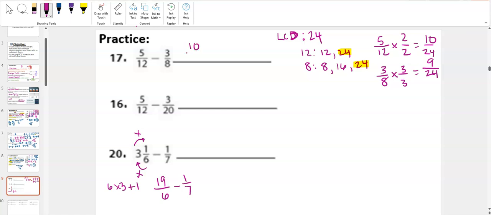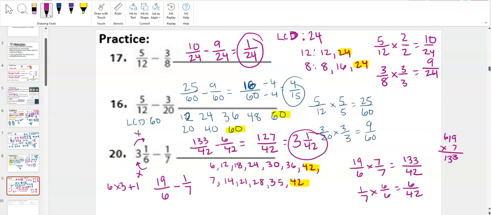So my new problem is 10/24, take away 9/24, and that's 1/24. And then the last step is to simplify if needed, but we do not need it on this one. So go ahead and try 16 and 20, pause, and then come back and see if you're right.